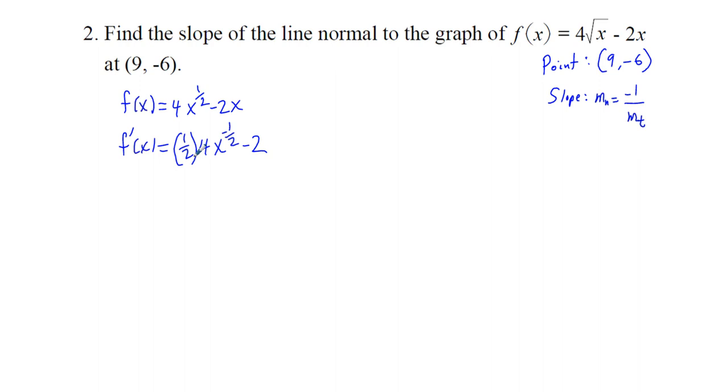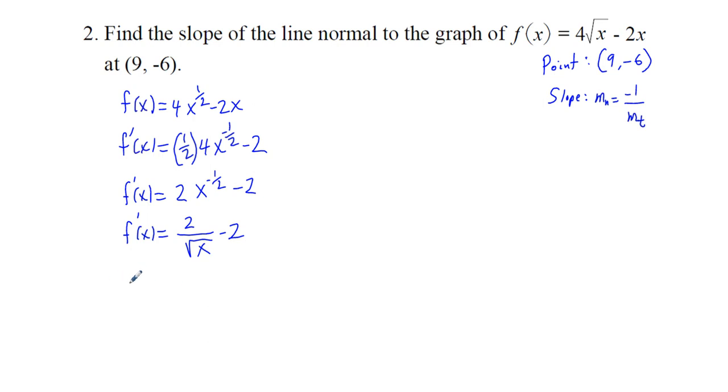And 1/2 of 4 is 2, so f prime of x is equal to 2x to the negative 1/2 minus 2, and f prime of x is therefore equal to 2 over x to the 1/2 power, which is the square root of x, and we have minus 2.